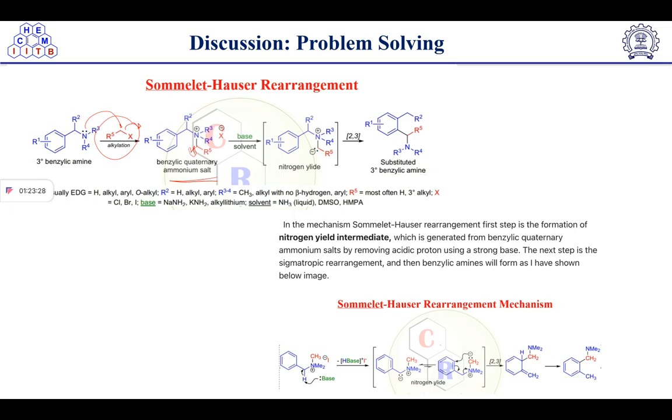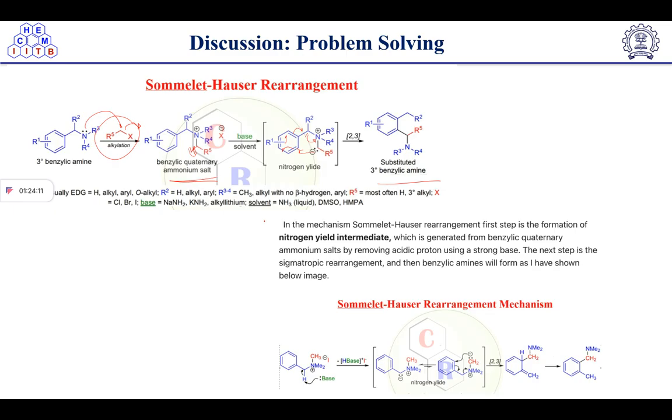So how is this happening? Okay? And we are getting this rearrangement to get the substituted tertiary benzylic amine. So in this mechanism, Sommelet-Hauser rearrangement, the first step is the formation of the nitrogen ylide intermediate, which is generated from the benzylic quaternary ammonium salt by removing the acidic proton with the base. Okay.